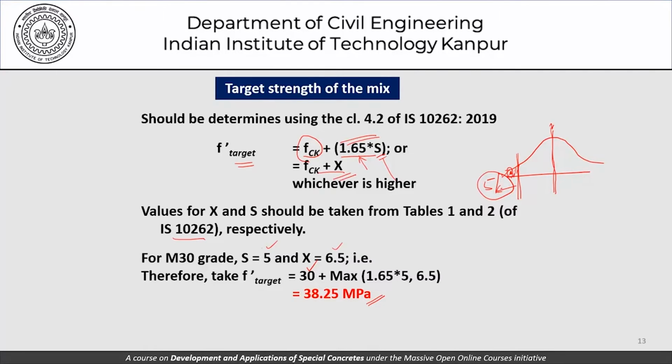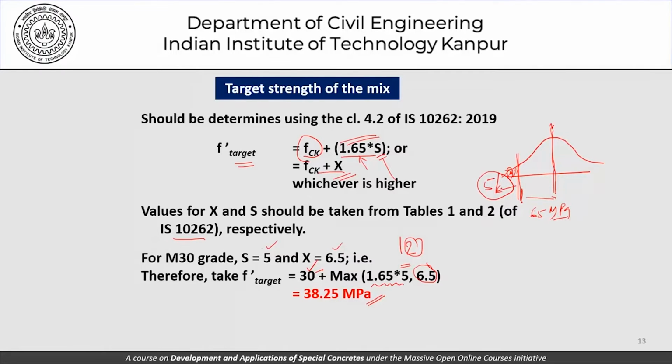So obviously, if you are able to reduce your standard deviation to, let's say, 1 or 2, then this number will become very small. What the code is telling you is that in those cases, the proportioning cannot be too close to M30, but it should be at least 6.5 MPa away from this characteristic value.